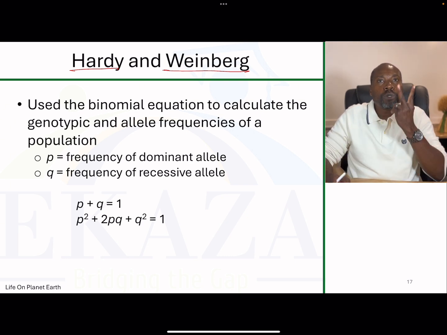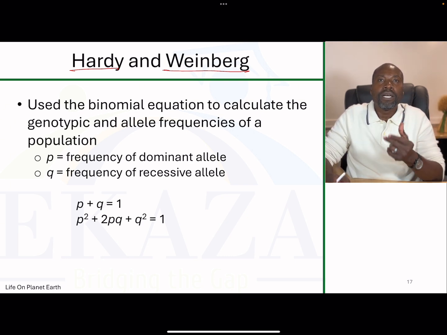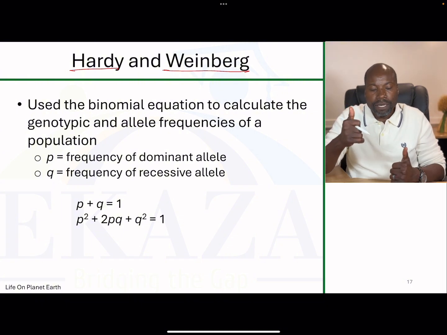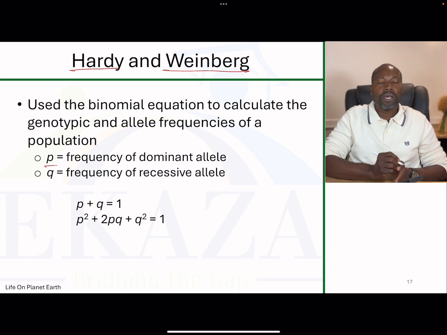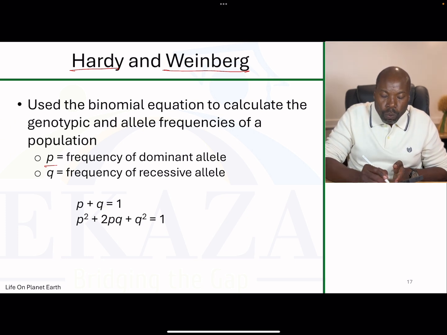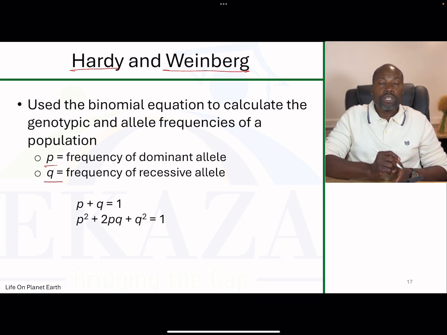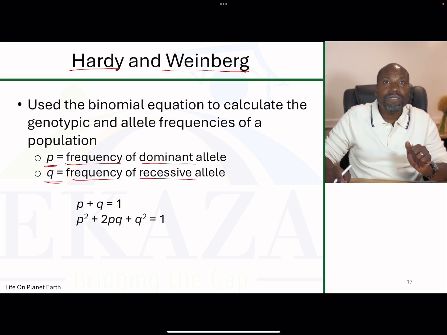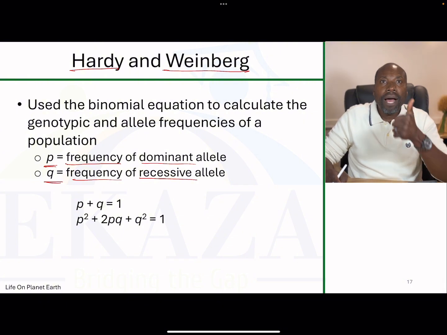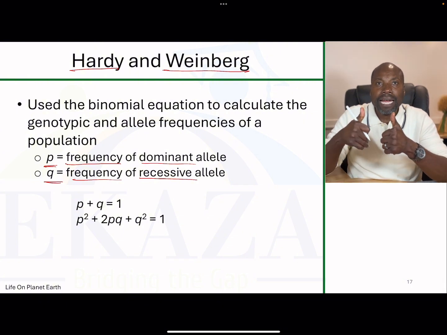And we only have two types of allele in a population, a dominant one and a recessive one, right? A dominant allele is always P. A recessive allele is always Q, right? So P is the frequency of the dominant allele, while Q is the frequency of the recessive allele, because each individual receives one allele from mom, one allele from dad.